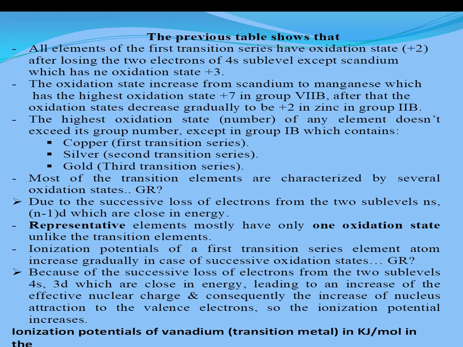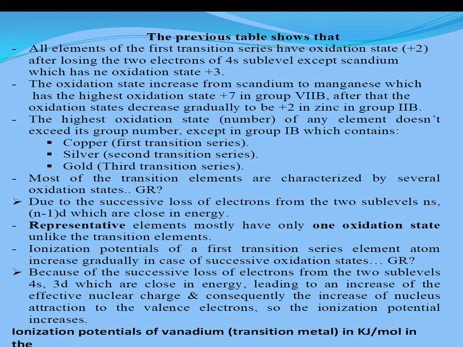From the previous table, all transition elements have the oxidation state positive 2 after losing the 2 electrons of 4s, except scandium, which has only the oxidation state of positive 3. This is because the 4s sublevel has energy near to the 3d sublevel. This is number 1.